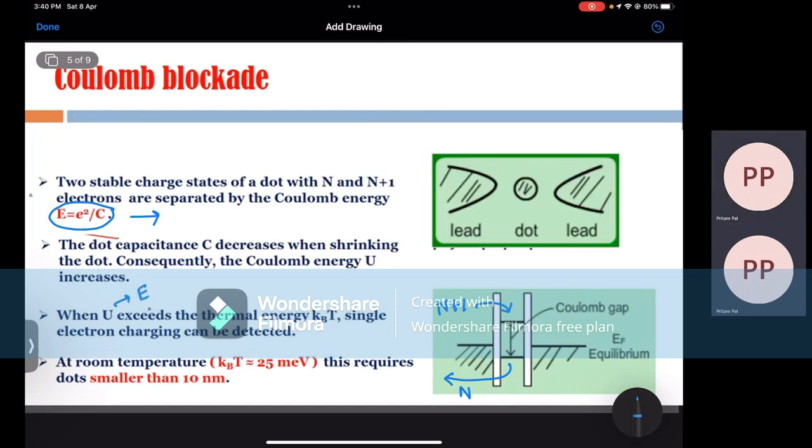When this energy exceeds the thermal energy, which is kBT, single electron charging can be detected. Okay, this is important.